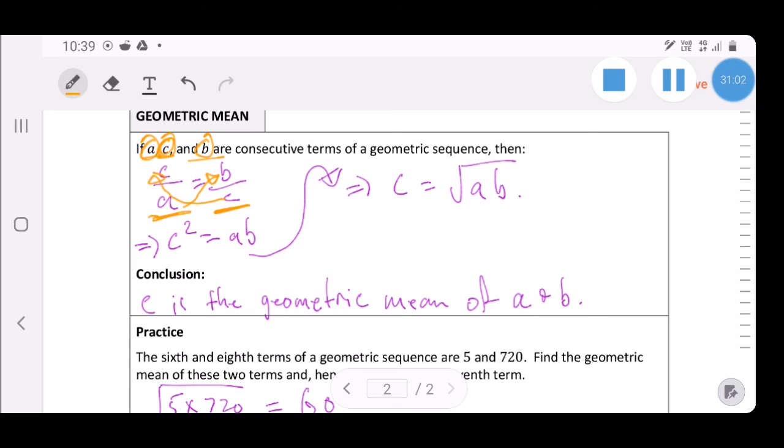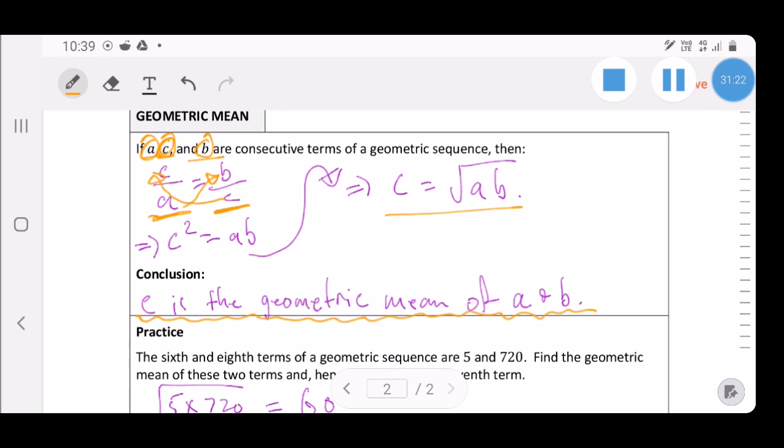Then all I have to do is take the square root of both sides, and I get C equals the square root of AB, which is kind of another type of average, another type of mean. So what's our conclusion? C is the geometric mean of A and B.